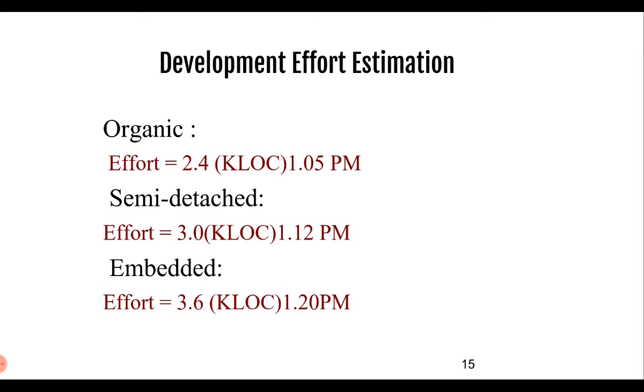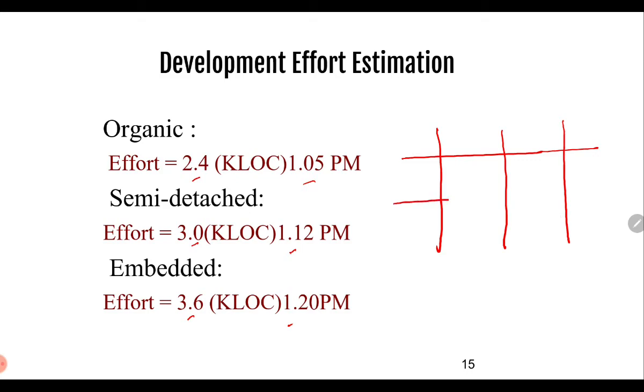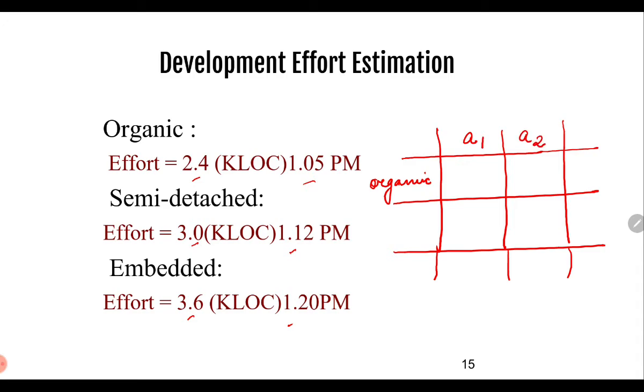Now talking about development effort estimation, we have different constants for different types of projects that we will be dealing with. Making a tabular form, there are three different parameters: for organic, semi-detached, and embedded, a separate column will be created.